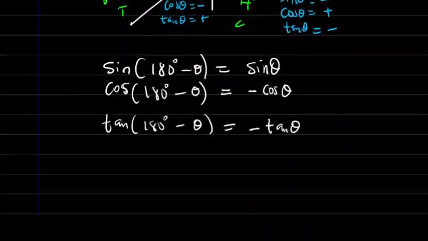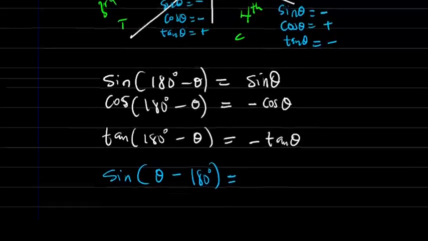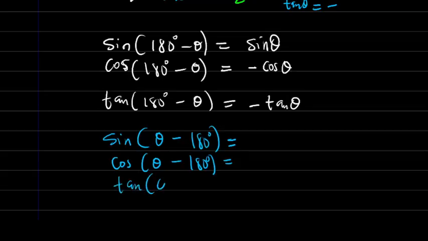Let's go to the third quadrant. For the third quadrant, what are we expecting? We have theta minus 180 degree. And in the third quadrant, you should be able to answer that. I want you to pause the video and fill this thing.